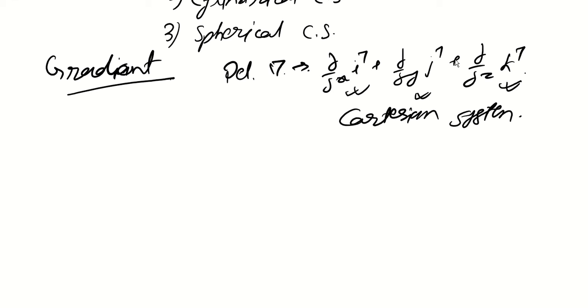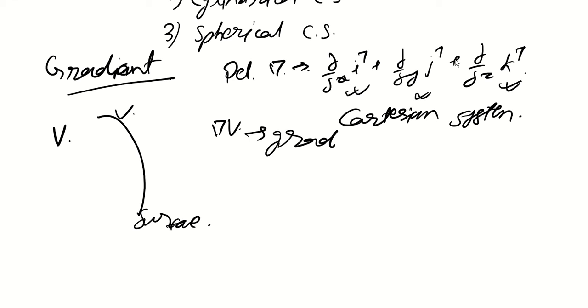Now let's consider a scalar v which is a function like this. So v is the function which is represented by this surface. So what does del v represent? Del v is my gradient. Okay, so this del v quantity represents the gradient of function v on this surface.